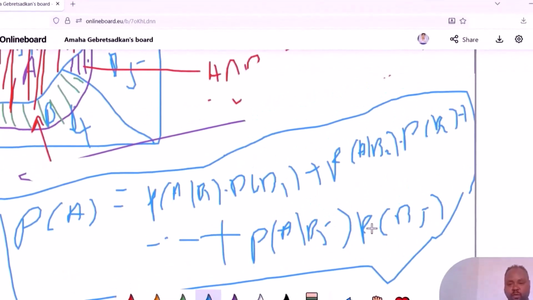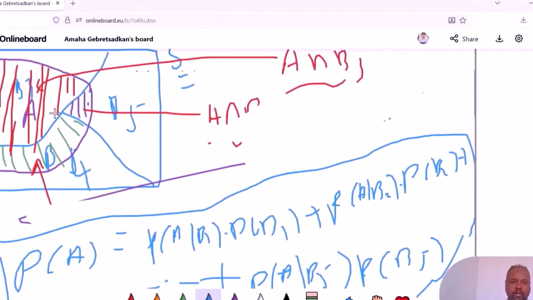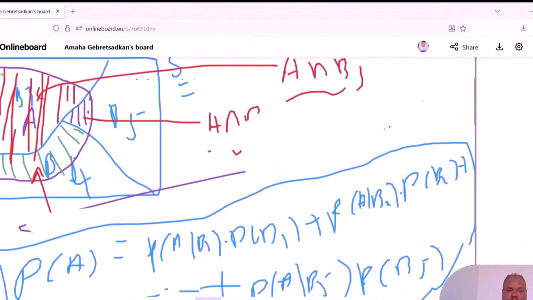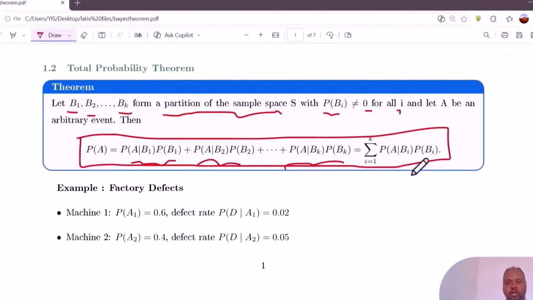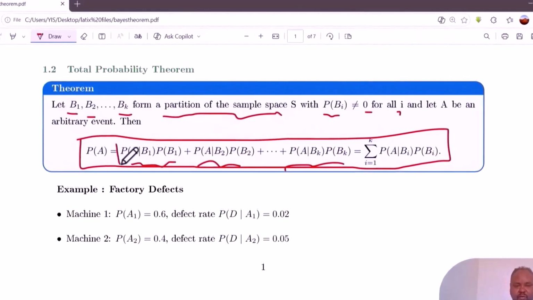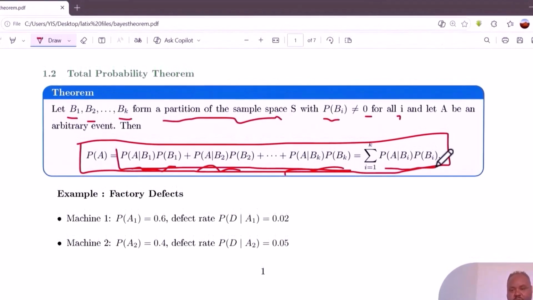Through this total probability, we are obtaining this event A, which is represented by the circle here. So, in other words, this probability of A is given by this one here, or by this one.